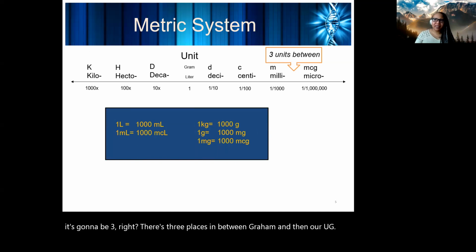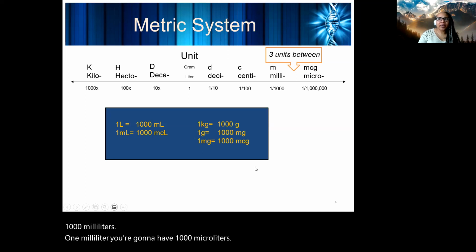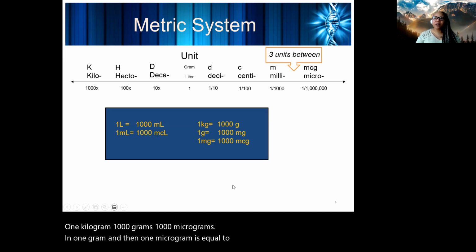So basically this is saying in 1 liter, you're going to have 1,000 milliliters. In 1 milliliter, you're going to have 1,000 microliters. 1 kilogram, 1,000 grams; 1,000 milligrams in 1 gram, and 1 milligram is equal to 1,000 micrograms.